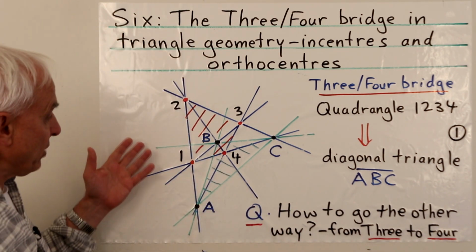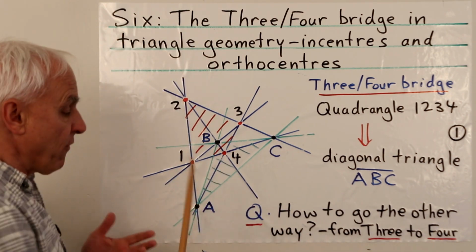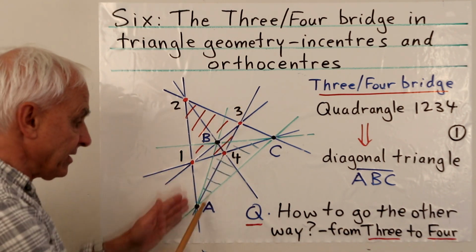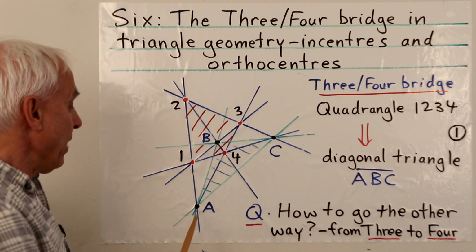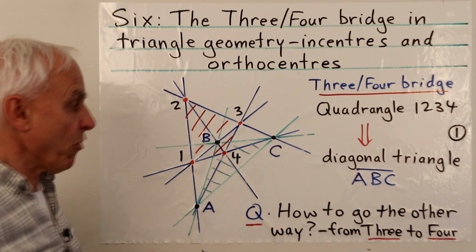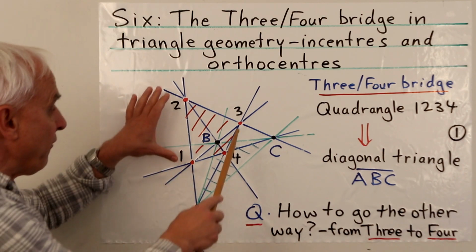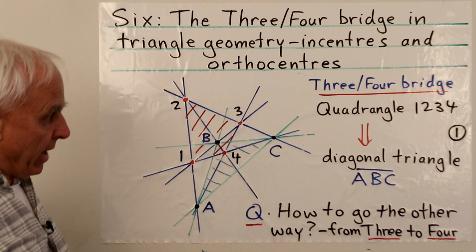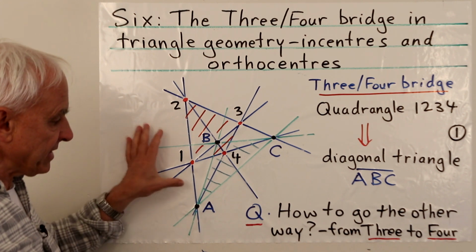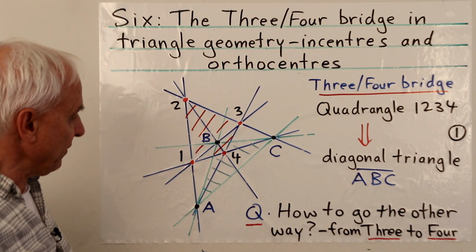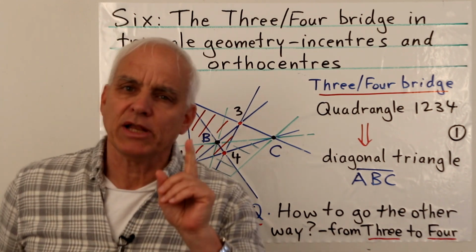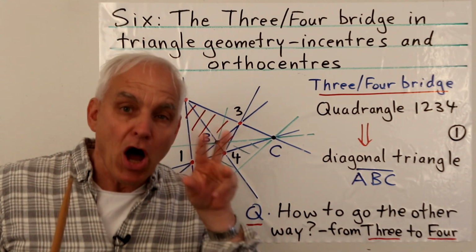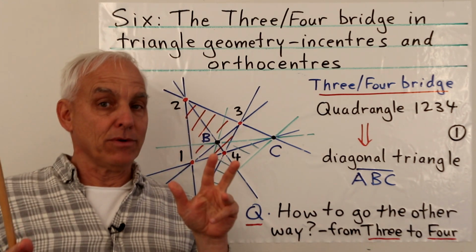So let me remind you, we start with 4 points, say 1, 2, 3, 4 in the plane, and then we create these diagonal points where opposite lines or edges meet, and we get the points A, B, C forming the diagonal triangle. So we are going from 4 points to 3 points. Now, this is the diagram that I usually make for this, but it's probably important to realize that these 4 points that we start with don't have to form a convex quadrilateral.